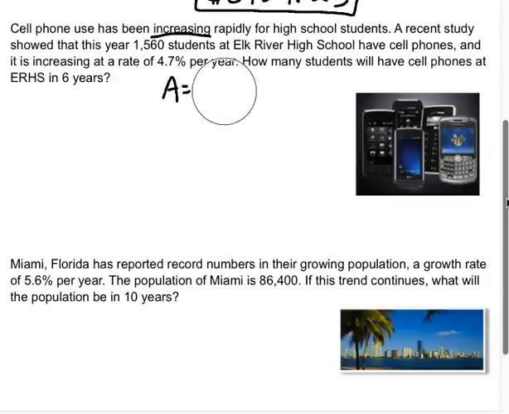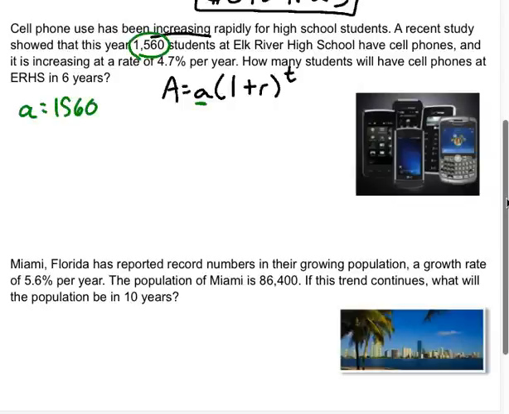So the growth model is going to look like this. That's the first thing that I would do, notice I'm dealing with growth here. Now let's start looking at the specific values. What's my initial value? Well, I'm starting with 1,560 students.